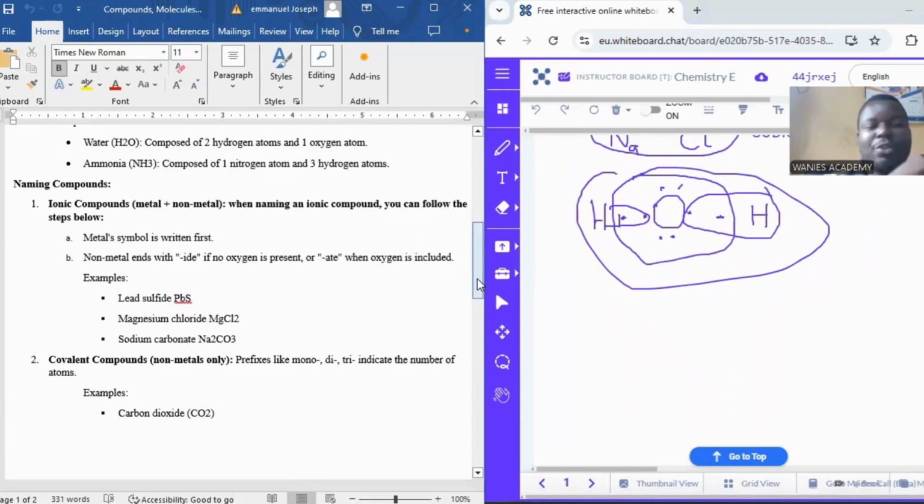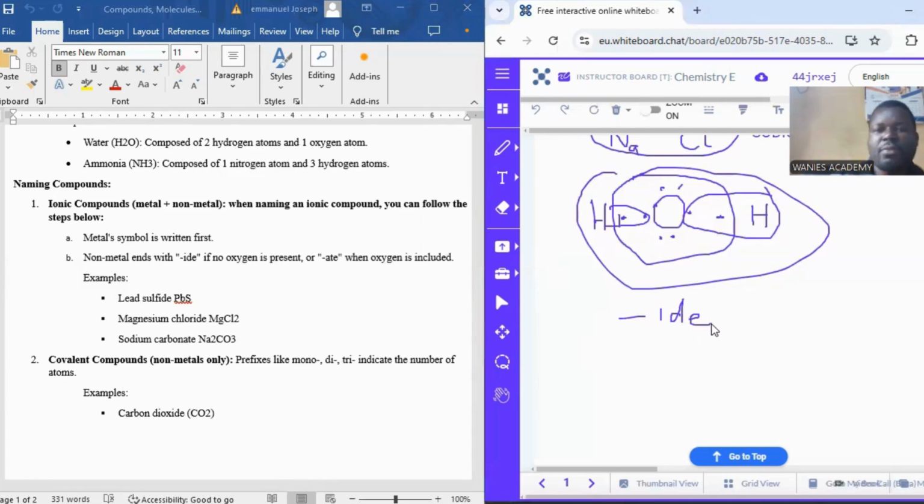Because of time, we'll just focus on the ionic compounds. For ionic compounds, the first thing you need to do is to write the symbol of the metal, and then the non-metal that is combined with your metal, you change the name, the suffix precisely, to IDE. The suffix becomes IDE.